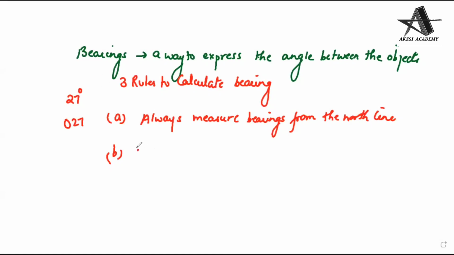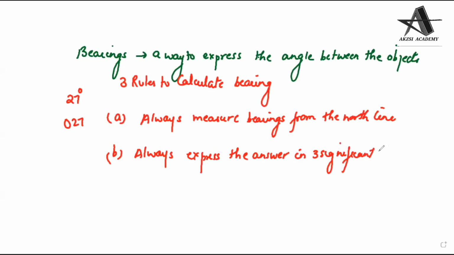So second is always express the answer in three significant figures. So 27 degrees can be written as 0 2 7 degrees.